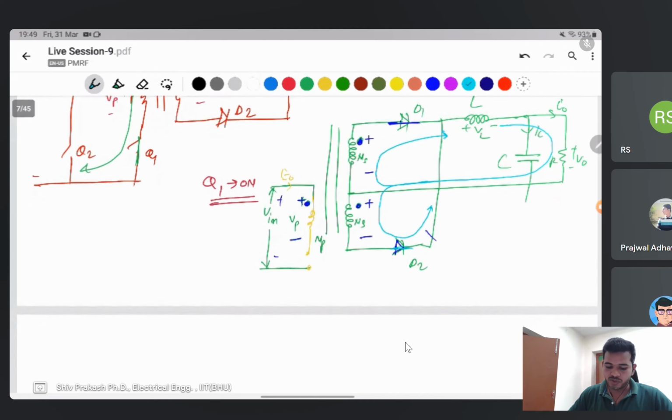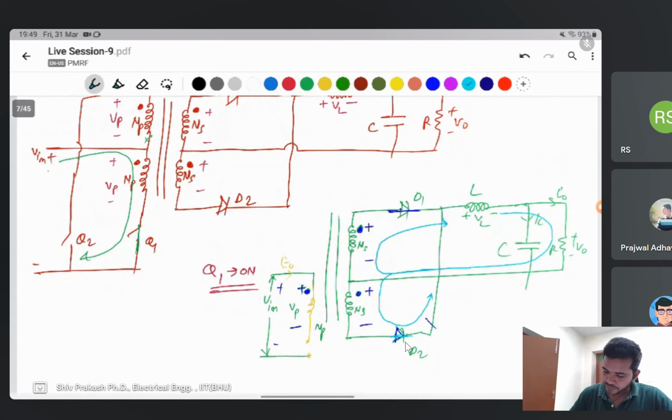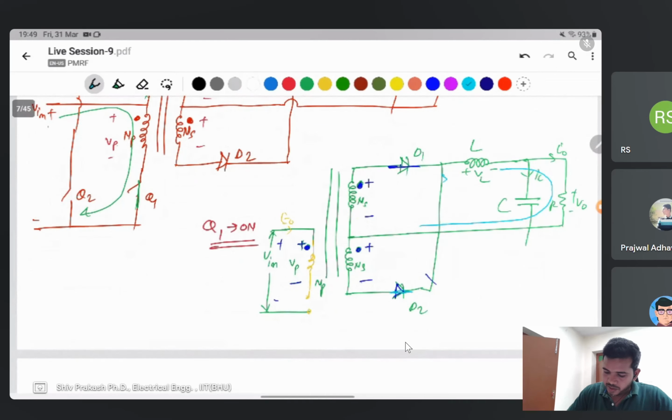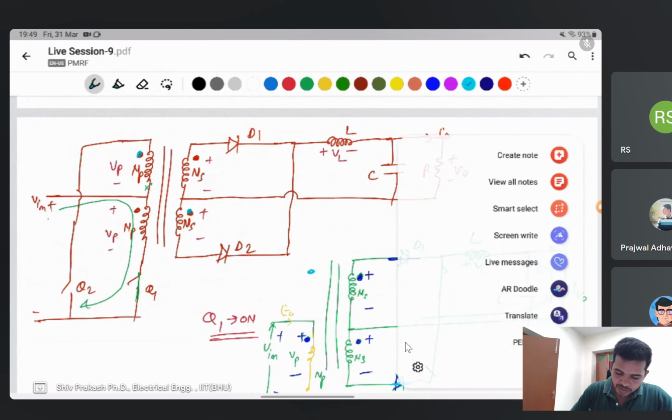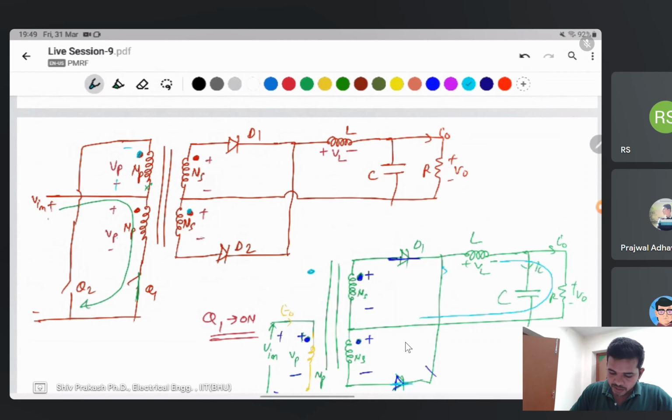The second time, the same process occurs when Q2 is on. This one is positive, this one negative, basically. So current flows like that. The dot convention is negative, so the undotted end will be positive.